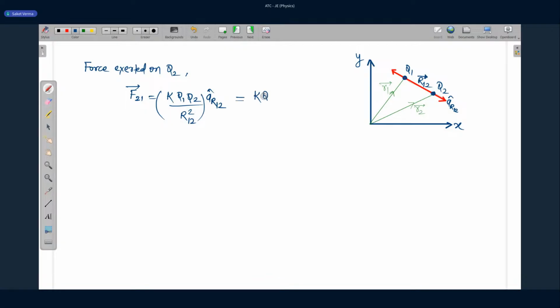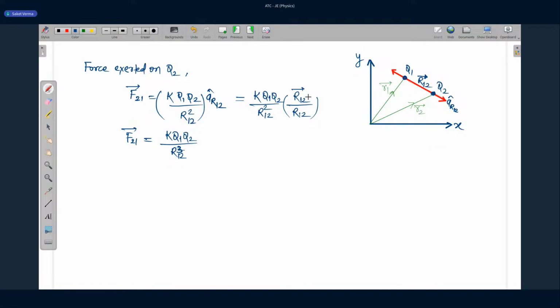Now you can write this unit vector in the form of a vector, which is r12 divided by the r12 magnitude. So the vector divided by its magnitude. Now the force on charge 2 due to 1 is k into q1 q2 upon r12 square, and this r12 in the denominator will become a cube.